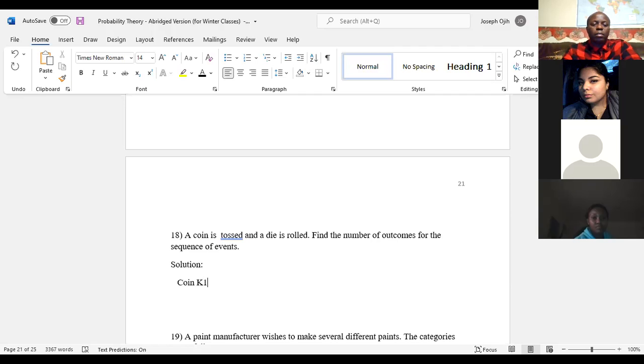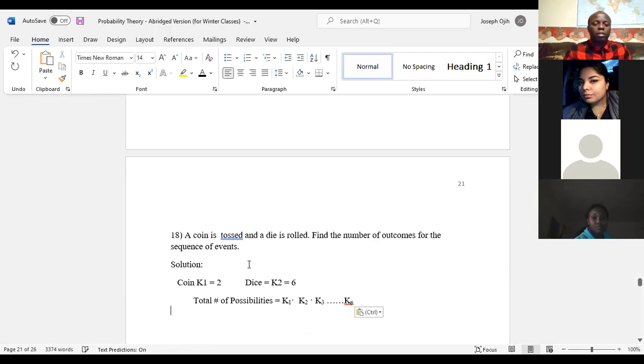equals 2 sides. Now a die has 6 sides. So die equals k2, 6 sides. So the number of outcomes, or possibilities, will be multiplying the two of them, k1 times k2.